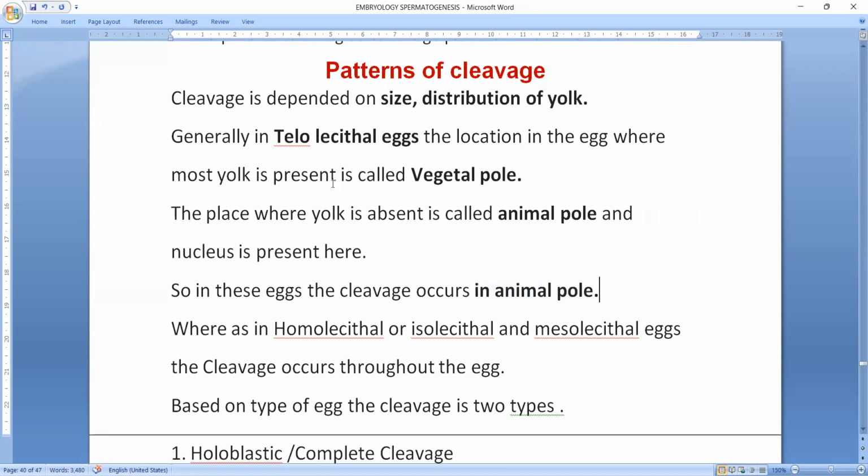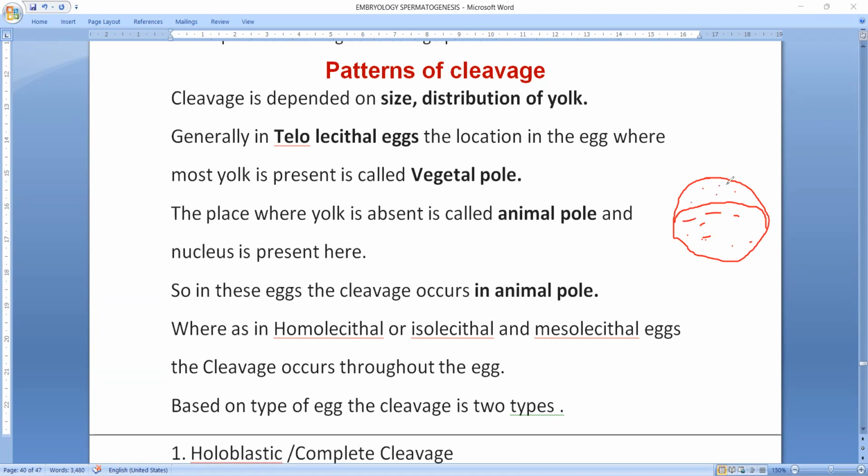Why? Because here, this is the egg. The yolk almost reaches here. So this is totally yolk, and this is cytoplasm. This is yolk.